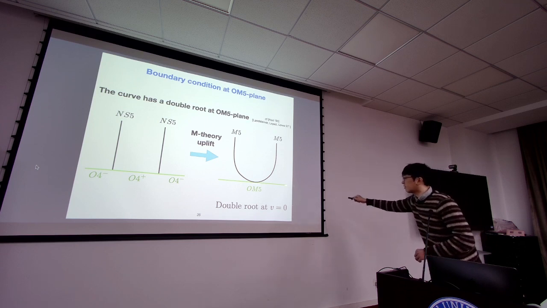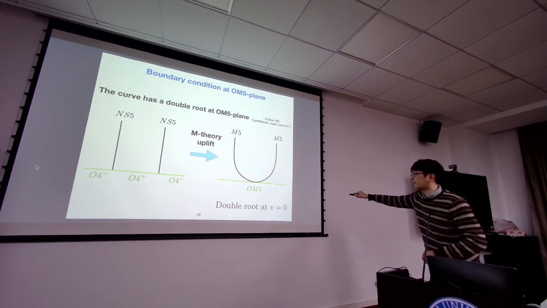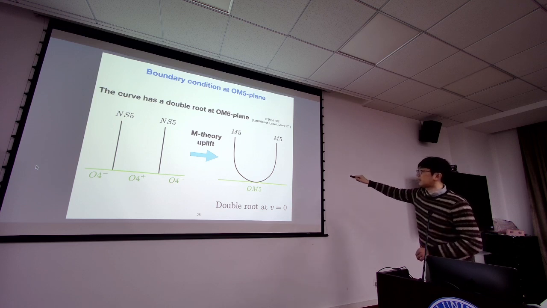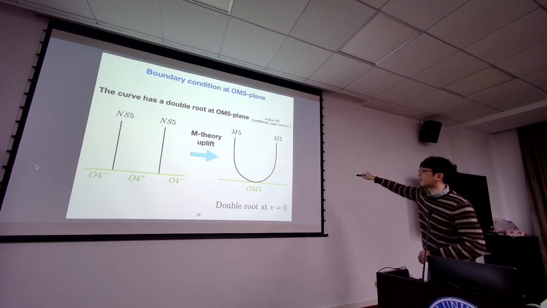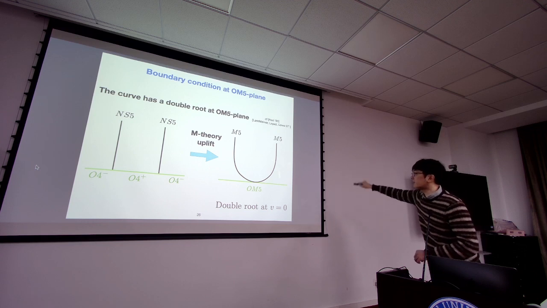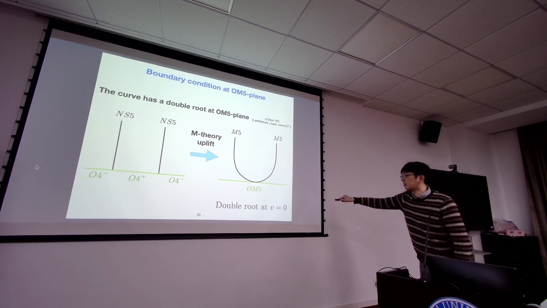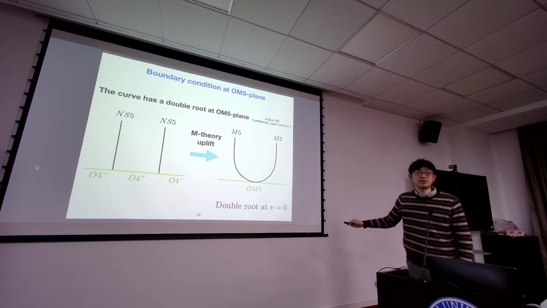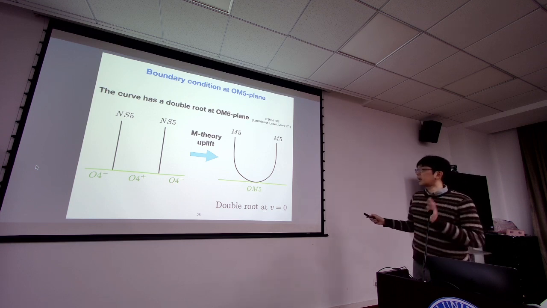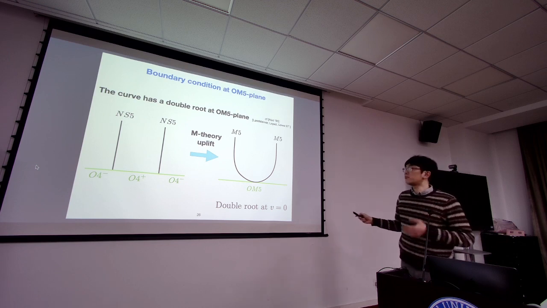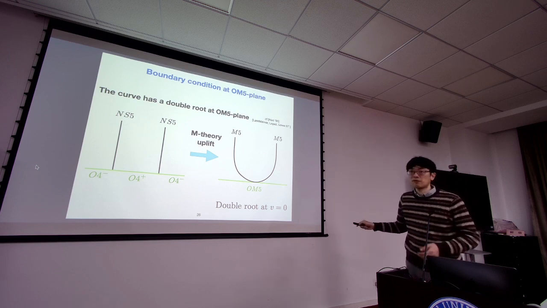This line is v equals 0, and there are two solutions at generic v, but at v equals 0, these two solutions collide and become identical, and this is a double root. So this is a boundary condition which we need to impose at the position of the OM5.